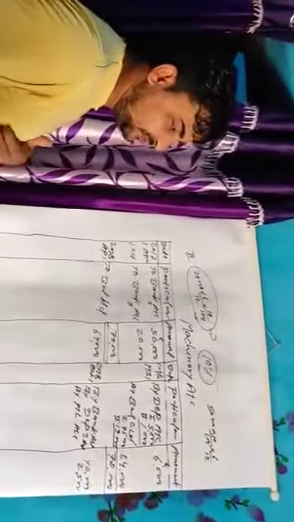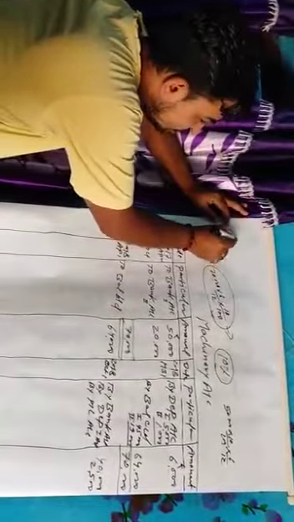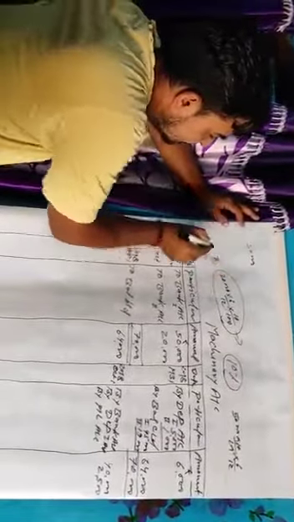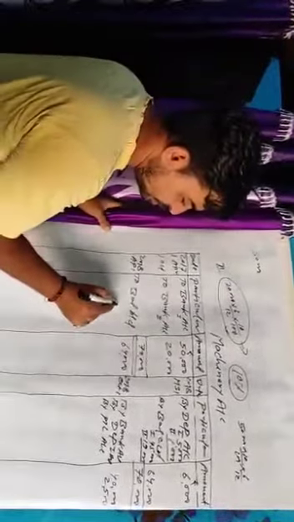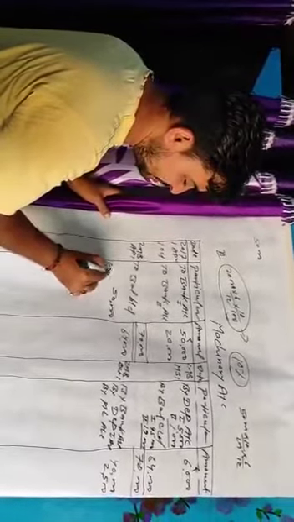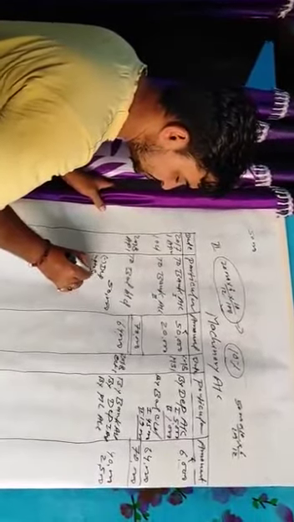Suppose you have sold it at 40,000. So what is the profit or loss? Look at the calculation of profit and loss. Total cost of machinery was 50,000. Here I am calculating: total cost of machinery was 50,000 minus depreciation up to sale.